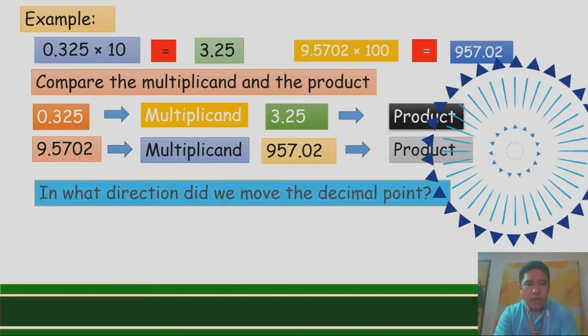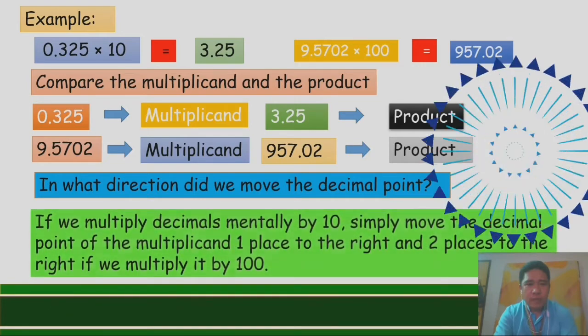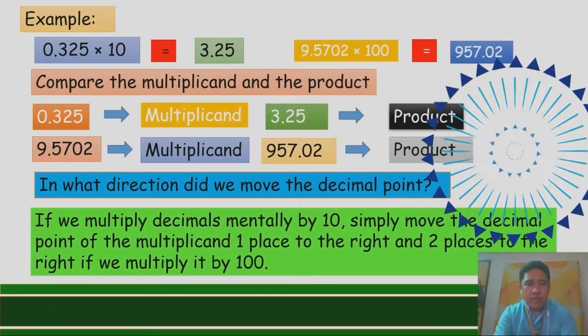In what direction did we move our decimal point? If we multiply decimals mentally by 10, simply move the decimal point of the multiplicand 1 place to the right and 2 places to the right if we multiply it by 100.